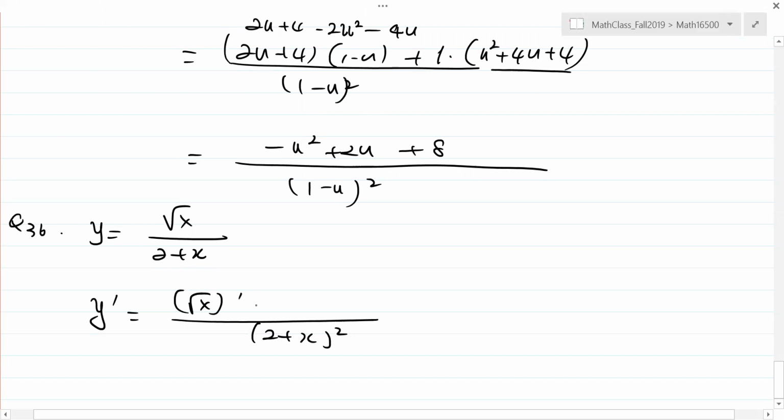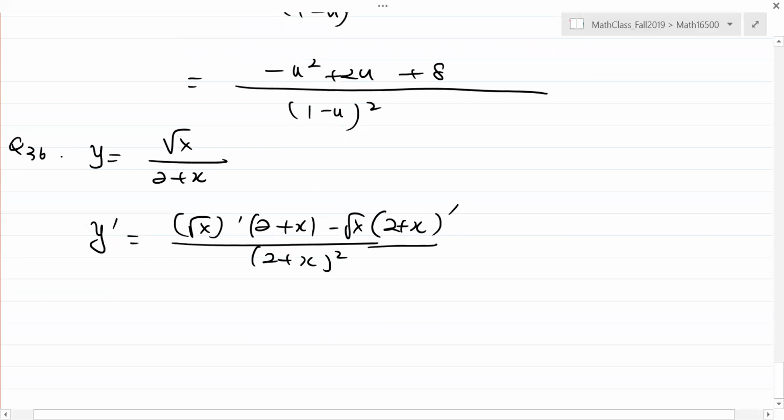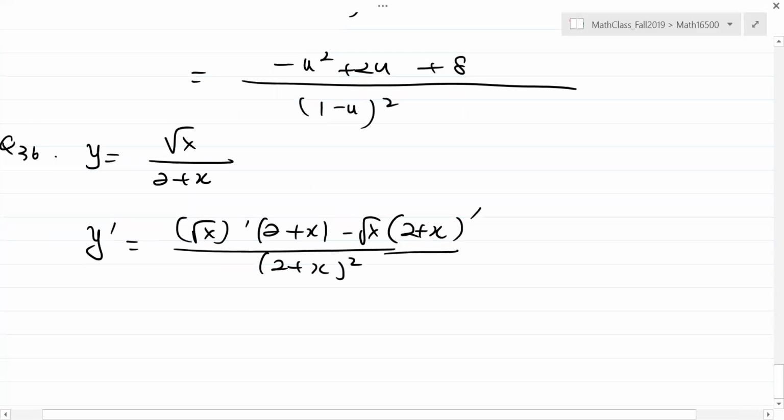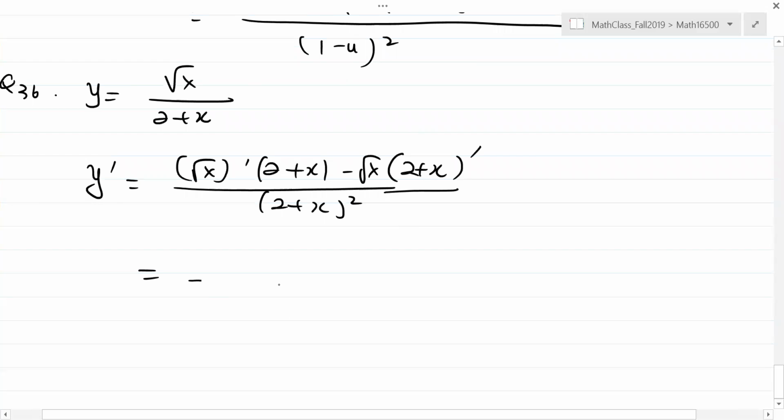And this is a derivative, 2 plus x minus square root x, 2 plus x plus. Okay, the derivative of square root x, I know the answer already.